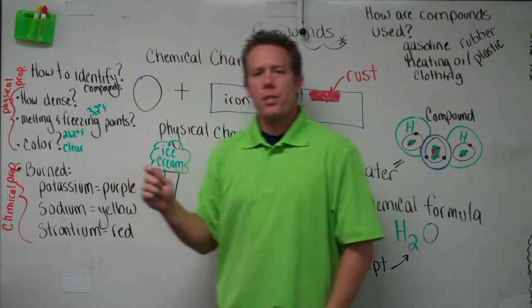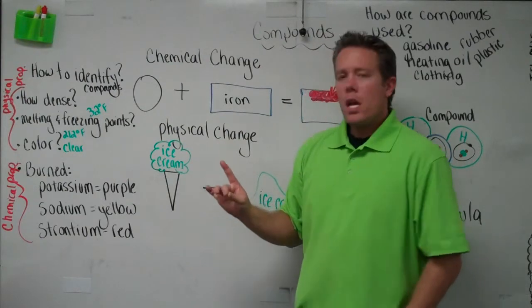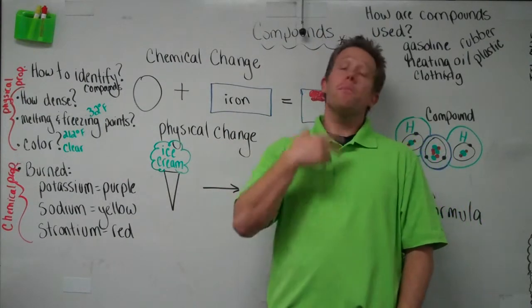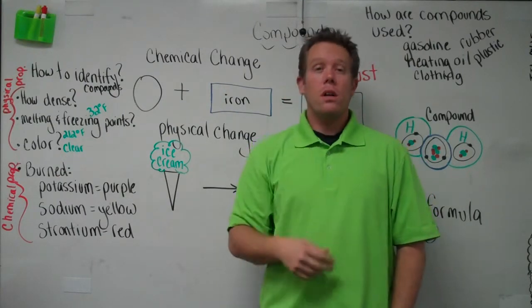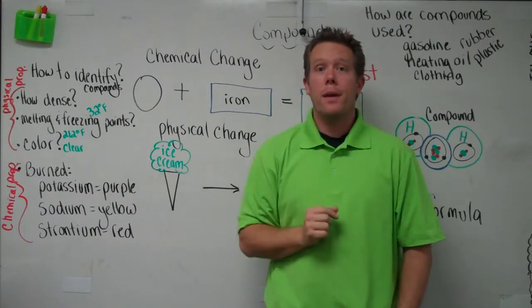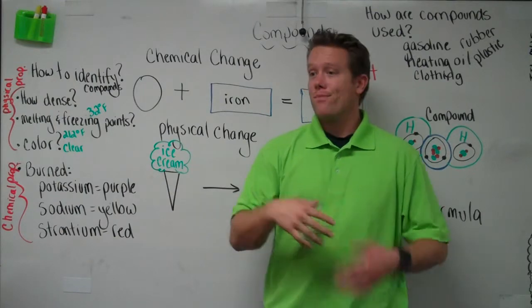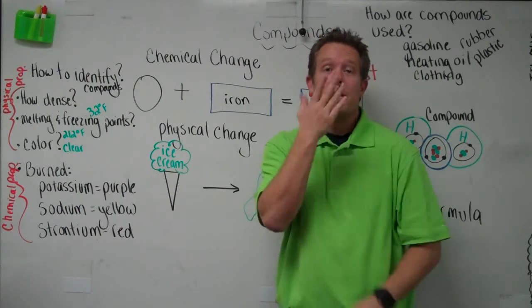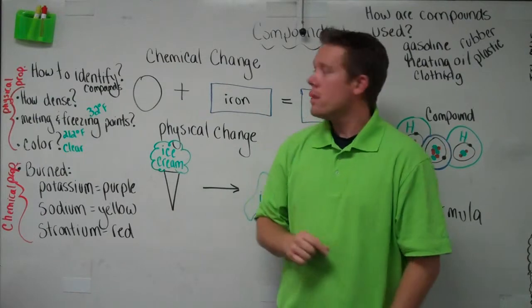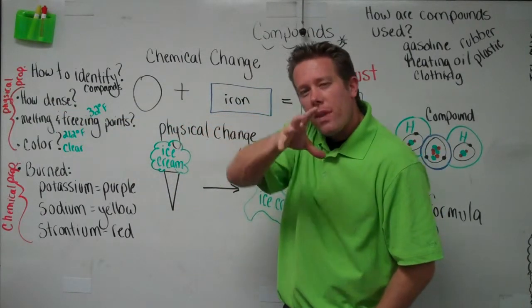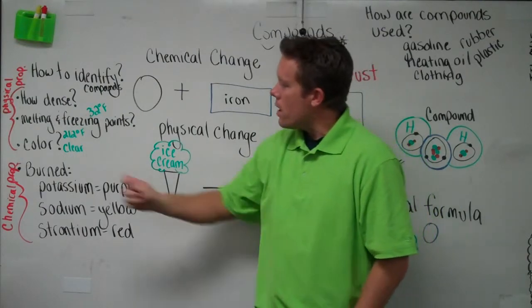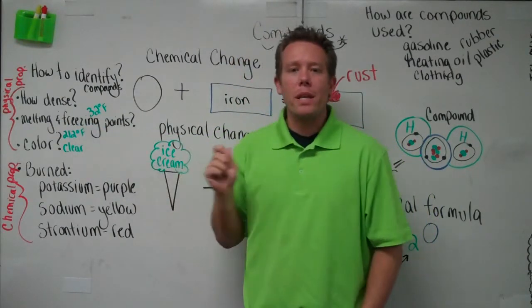How do you identify certain compounds? Okay? You can identify compounds simply by their physical properties. Physical means how they feel, what they look like. Let's see how they look, taste, touch, feel. How dense. So that's kind of how they feel when you squeeze it. Its melting and freezing points.